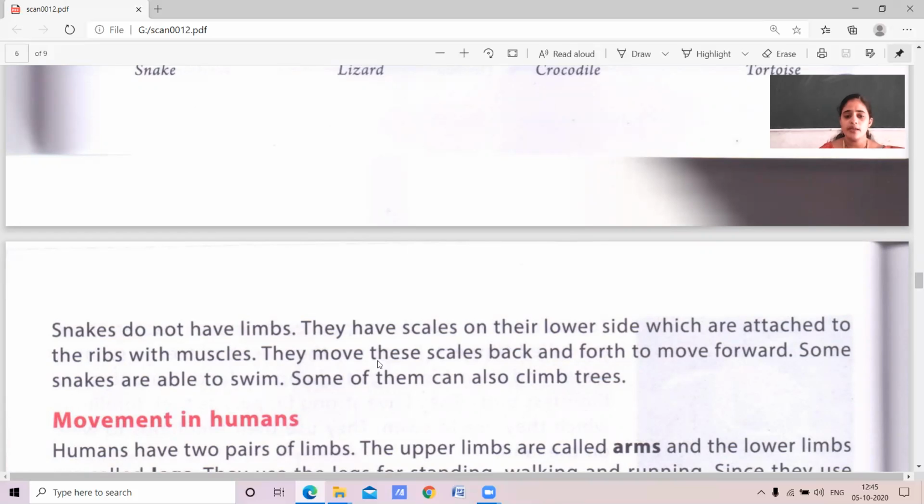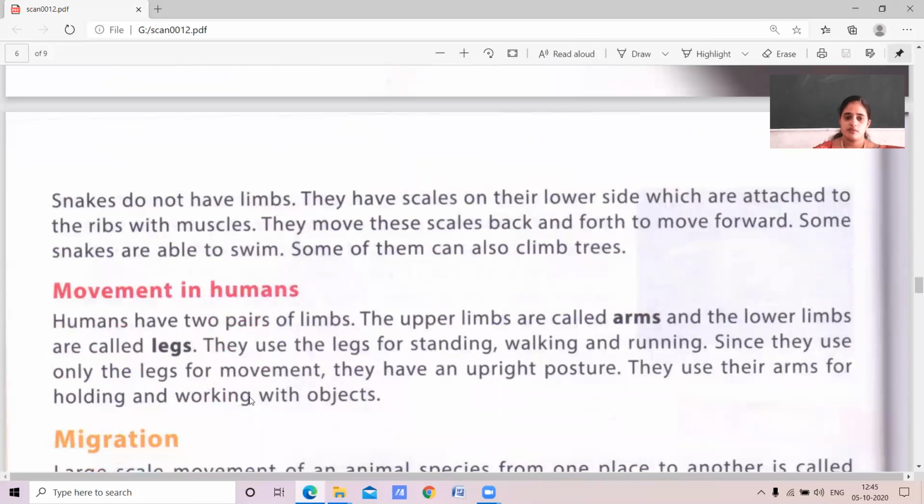So movement in humans. How do humans move? As you know, humans have two pairs of limbs, the upper limbs and the lower limbs. The upper limbs are called arms and the lower limbs are called legs.